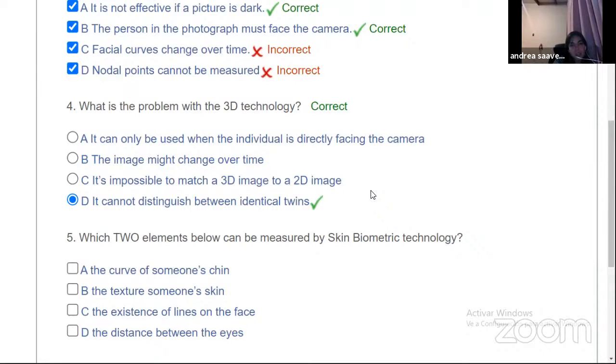Which two elements below can be measured by skin biometric technology? A, the curve of someone's chin. B, the texture of someone's skin. C, the existence of lines on the face. And D, the distance between the eyes. Okay, thank you so much. So what can be measured by the skin biometric technology?